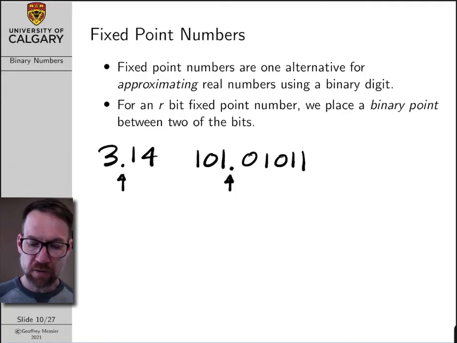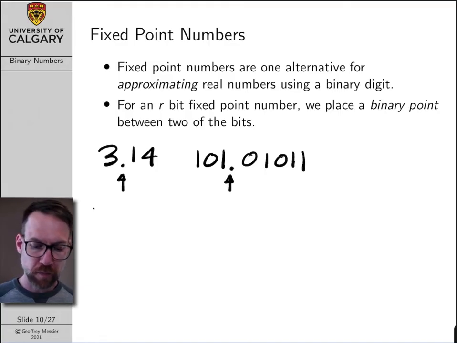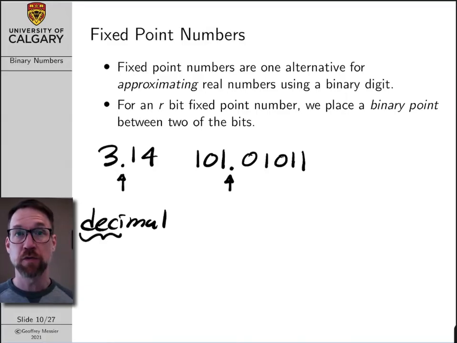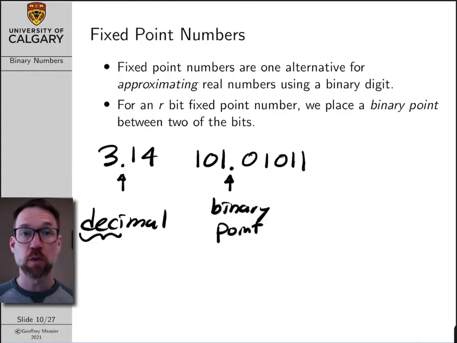This point, however, we don't refer to as a decimal point, because the prefix deci comes from 10. And so decimal is only appropriate when we're working with base 10 numbers. Instead, we call this a binary point rather than a decimal point because we're working in base 2 numbers.